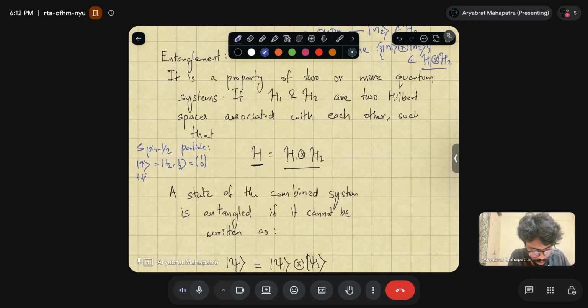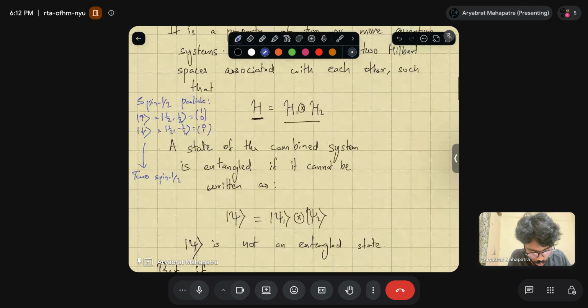And you have the down state, minus half. Now if we take two spin half states, then we have more possibilities. Now we can have this tensor product with this, which is denoted as this, or this.